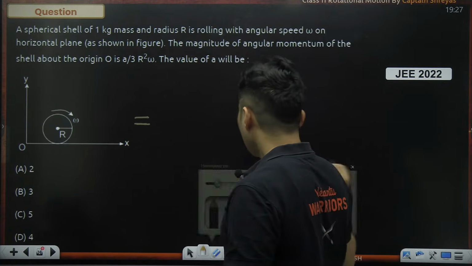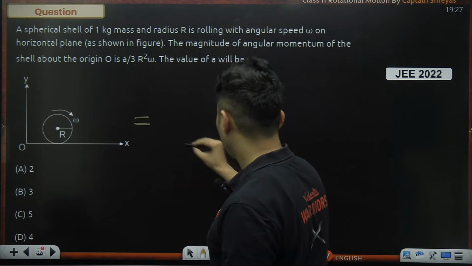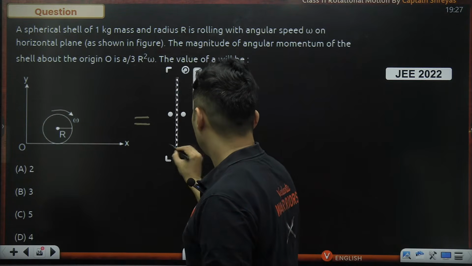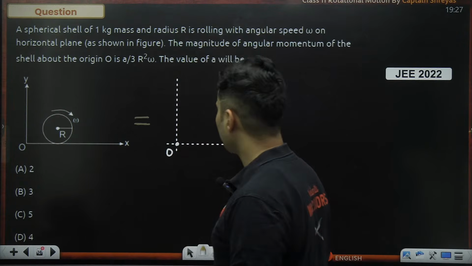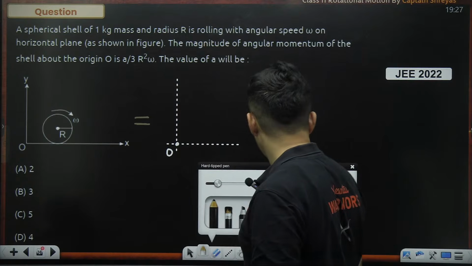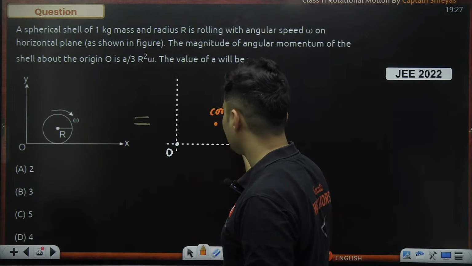The point about which I want to measure the angular momentum is over here. You take the entire sphere as a point mass. The point mass will be over here. This is the center of mass.